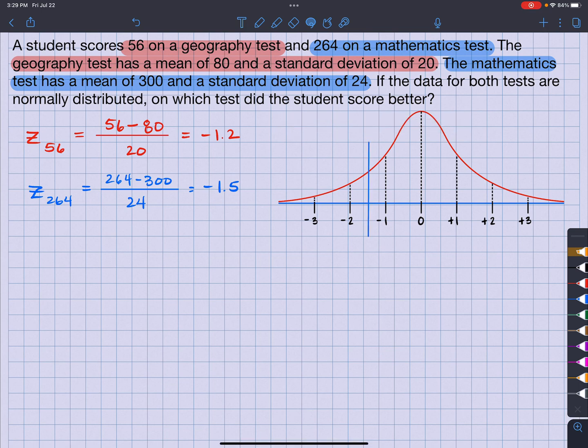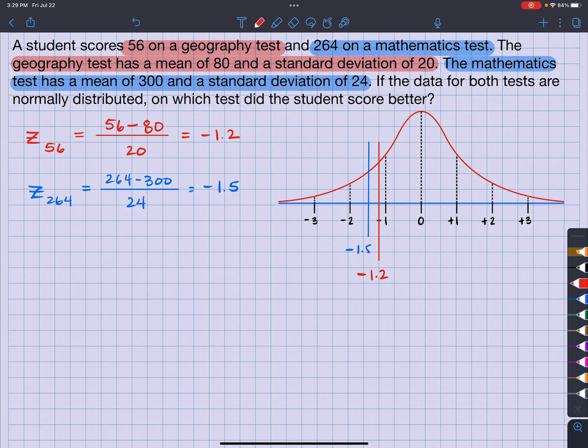So this is negative 1.5, and here we have negative 1.2. Okay, so the question is, which one is better?